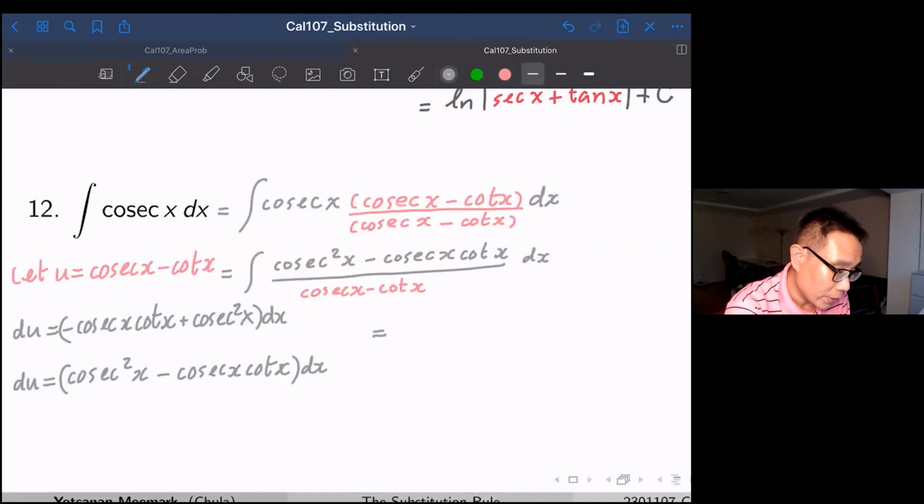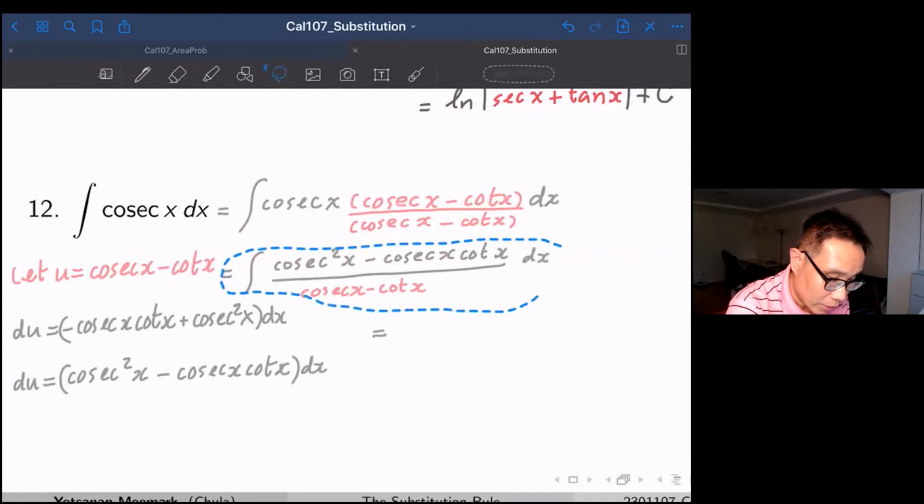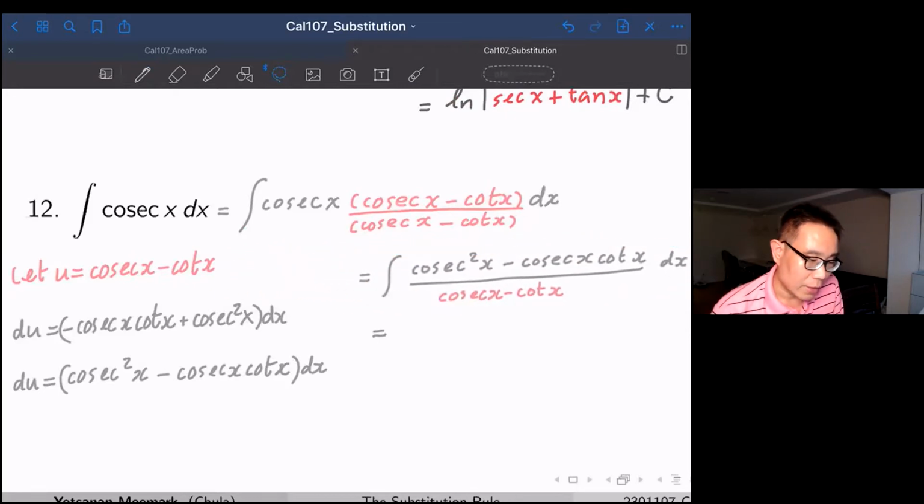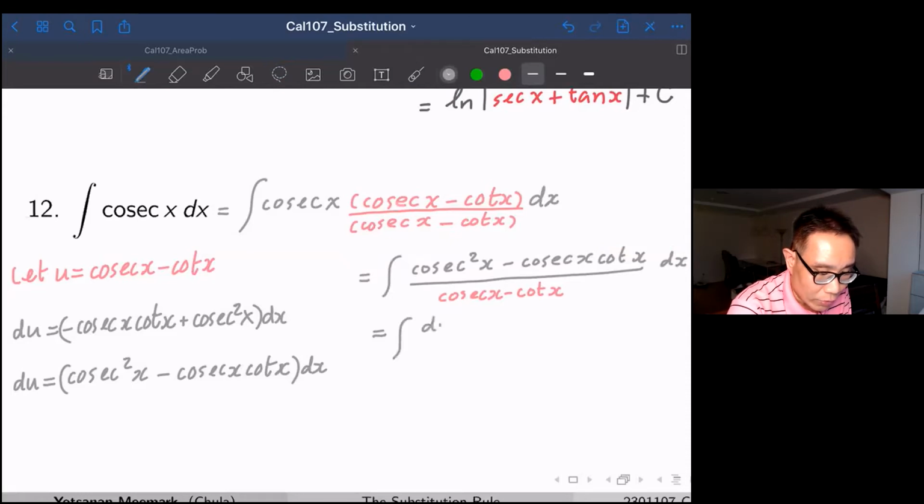So let me move this term so it's not in the way. You see pretty clearly that this turned out to be du over u, where cosec x minus cotan x is u. So this is equal to log absolute u plus c.